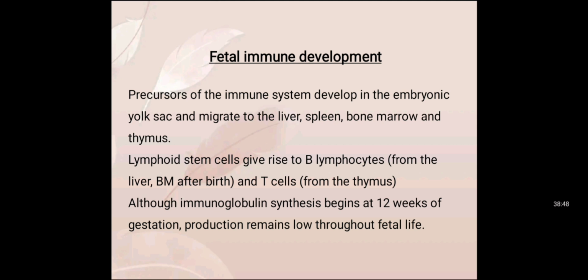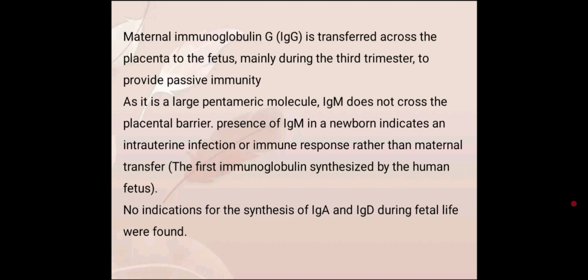There are 5 types of immunoglobulin: IgA, IgG, IgM, IgE, IgD. The synthesis of all these immunoglobulins begins at 12 weeks but remains low throughout fetal life. Only IgG, maternal immunoglobulin G, crosses the placenta to the fetus to provide passive immunity.